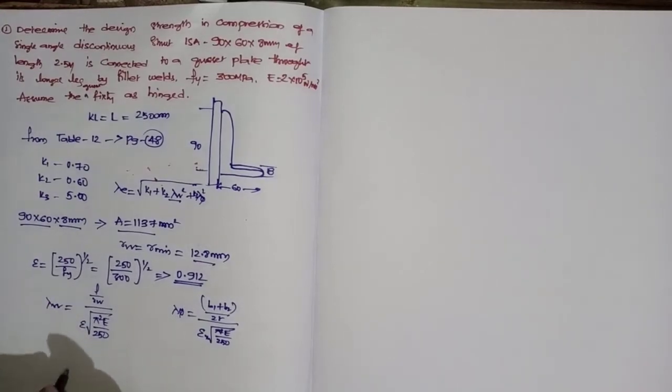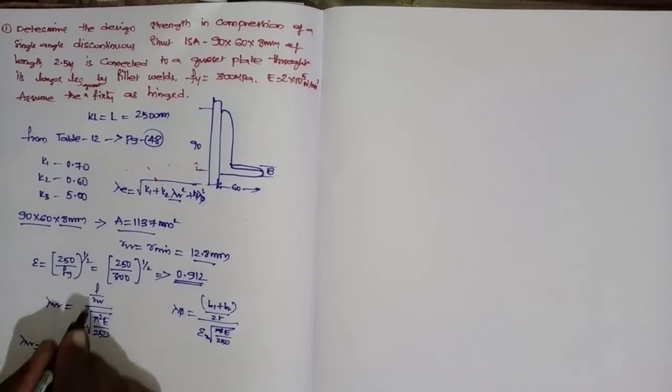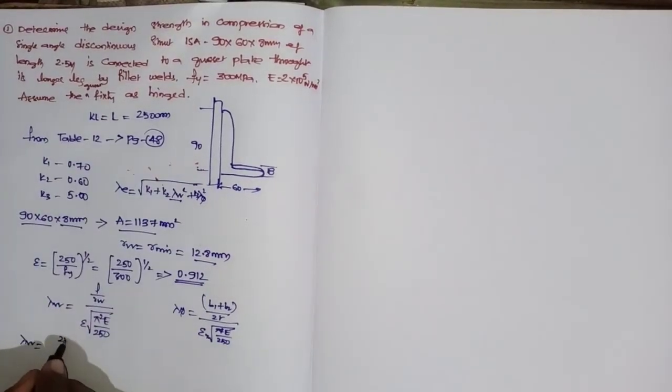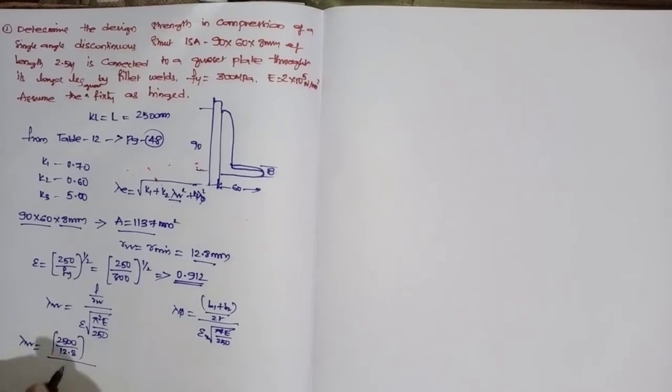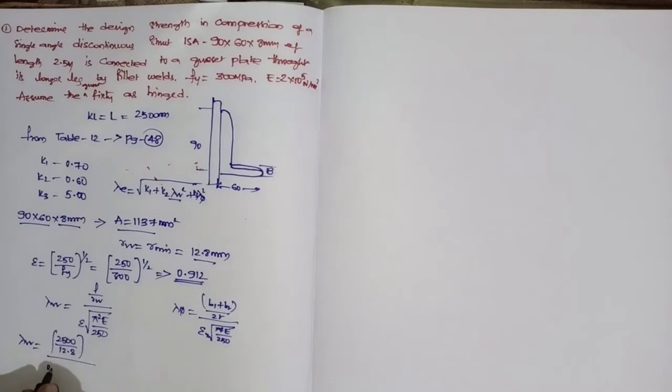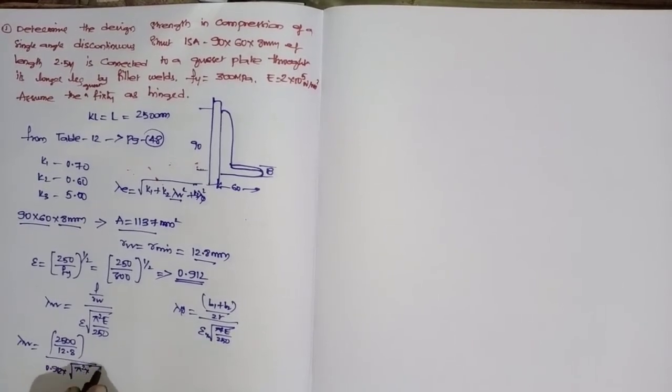Okay, now what is this lambda VV? L is 2500 divided by 12.8, that is L by RVV, divided by epsilon you got, 0.912, into under root of pi square into E, 2 into 10 power 5, divided by 250.